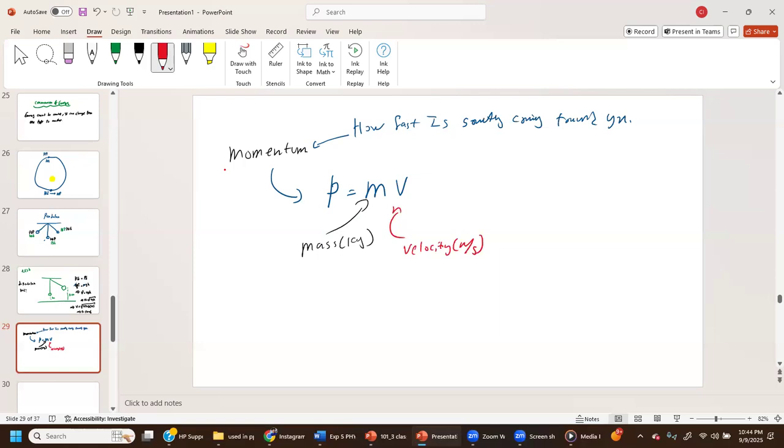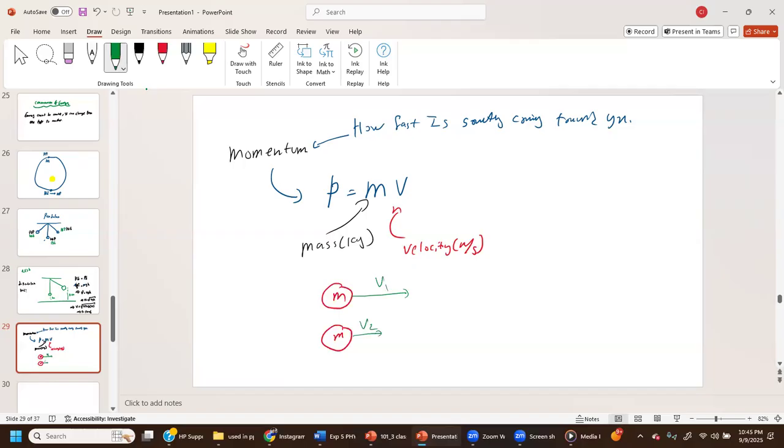So if we have two objects, let's say object one, object two, they both have the same mass, but let's say this one has a bigger velocity than this one.